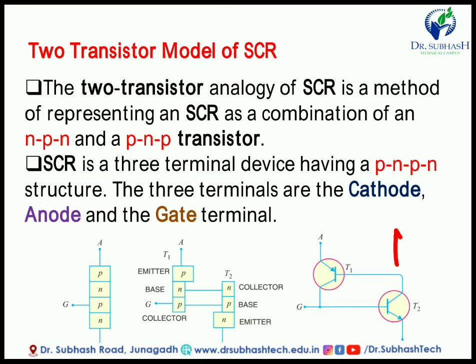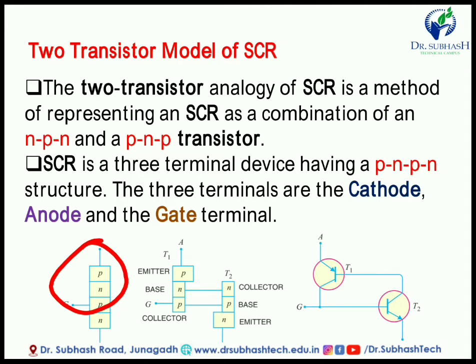Now here the construction of SCR is given. In the construction there is an anode, a cathode, and the lower terminal is the gate. There are four PNPN layers, and in these layers we form the three junctions J1, J2 and J3. This is the basic construction design of SCR.